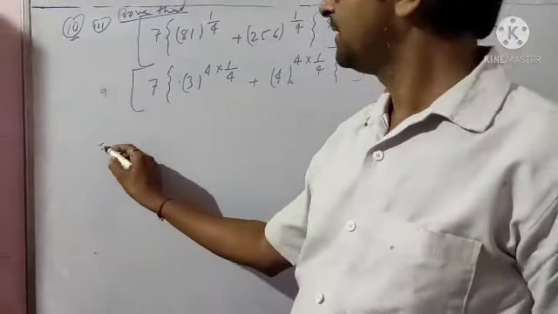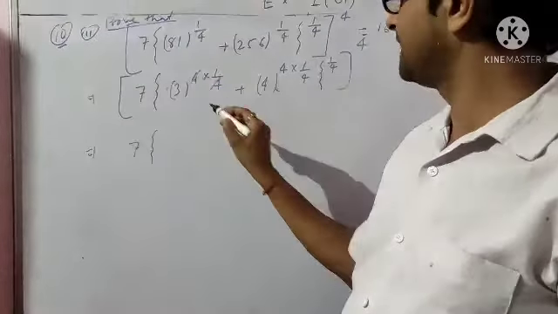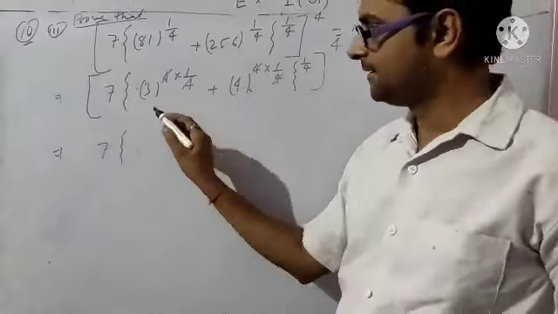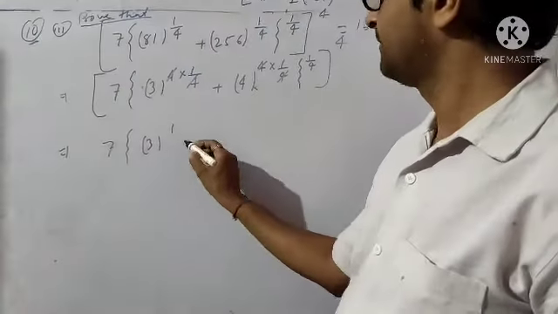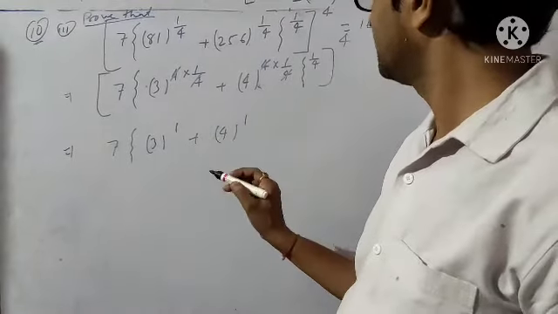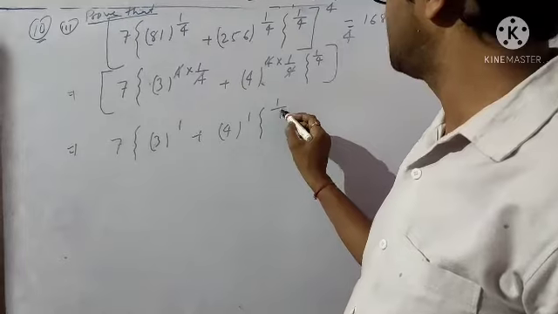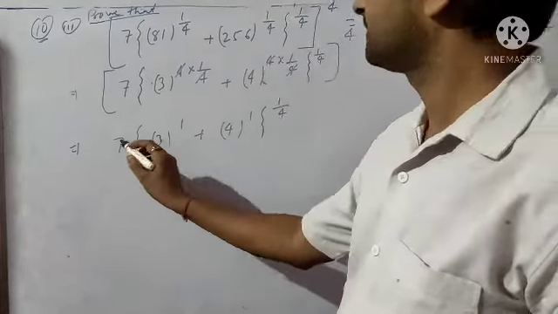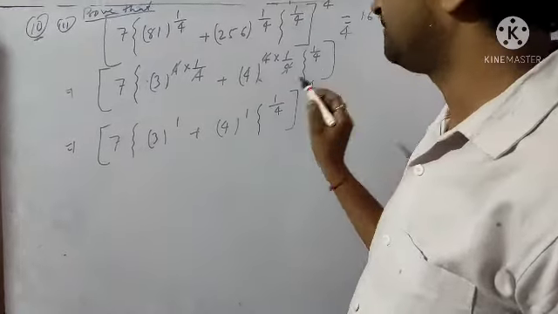Okay student, so 4 and 4 cancel, 4 and 4 cancel, so 3 to the power 1 plus 4 to the power 1, here is the 1 by 4 and the complete bracket is 4.